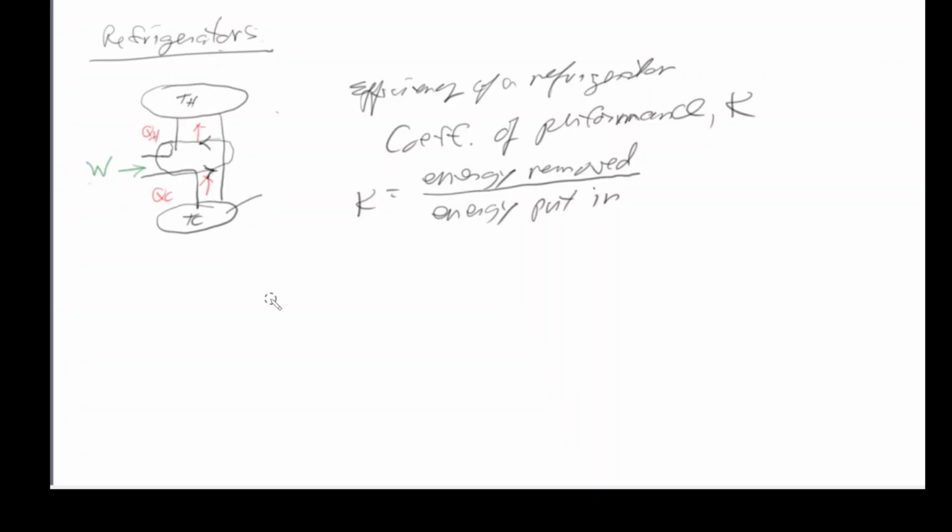So we can calculate K as Q sub C over work done, which is equal to Q sub C over Q sub H minus Q sub C.